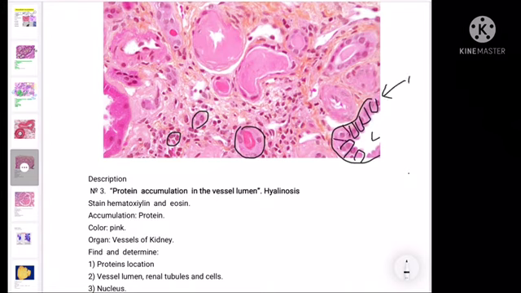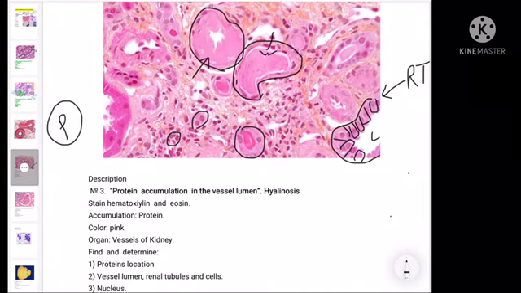So this is the renal tubule. And this one is the vessel. So we can see that in the vessel there is accumulation of pinkish substance. So these are the accumulation of proteins, and that is called hyalinosis of blood vessels.